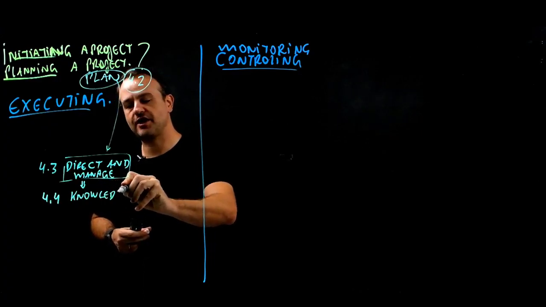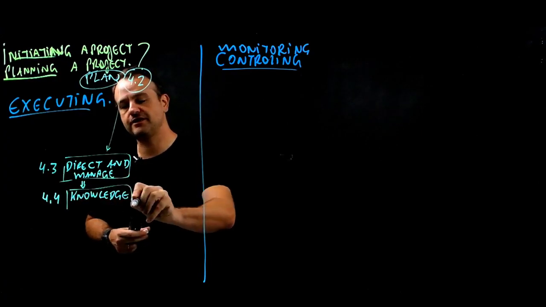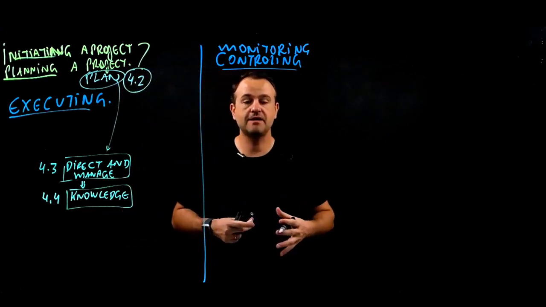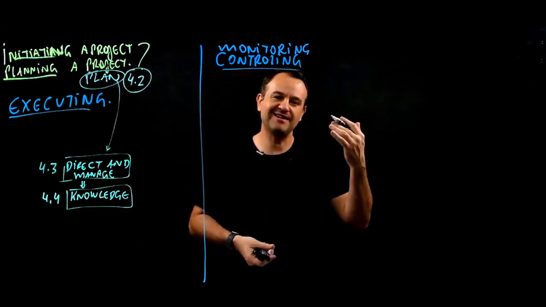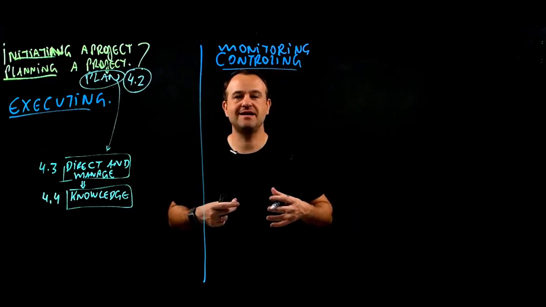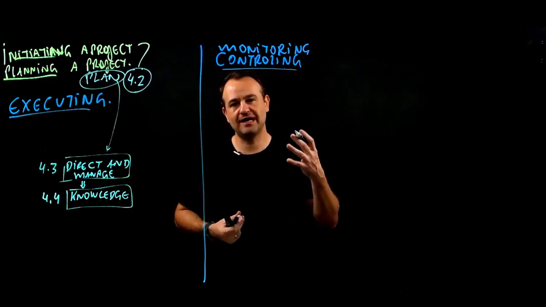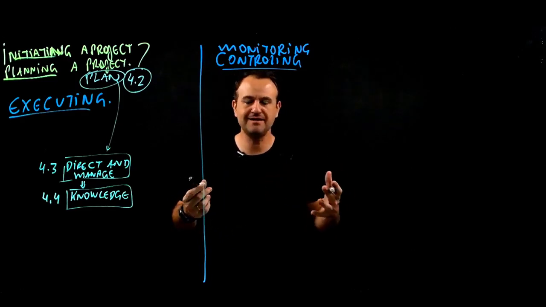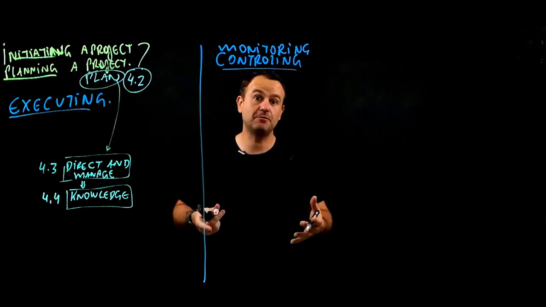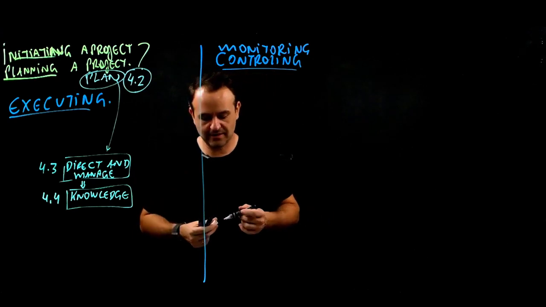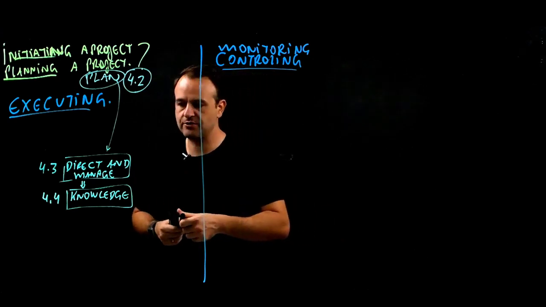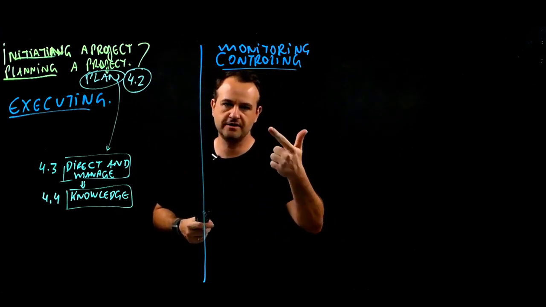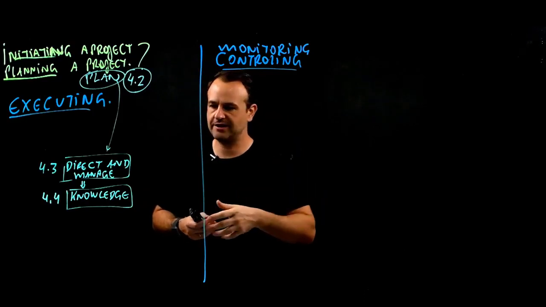It's a change from the 5th edition to the 6th edition, because before the 6th edition, we knew that we had to collect and organize lessons learned, but nobody did that because we didn't have a process for that. So in manage project knowledge, we have to get lessons learned, be careful with documentation and all of that.